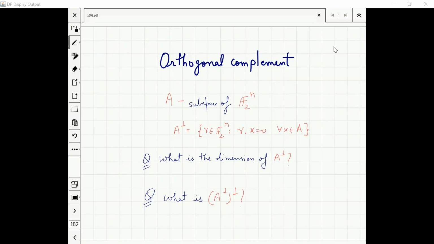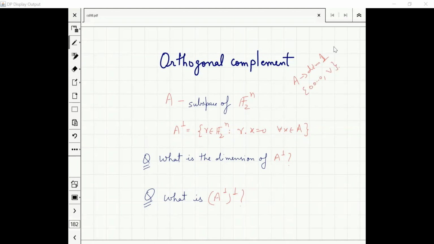Okay. So this is something which we had seen for dimension 1, right? If A had dimension 1, that means it had the form of all zeros and some vector v. These were all the dimension 1 vector spaces.